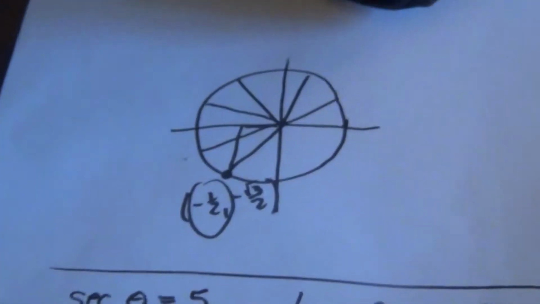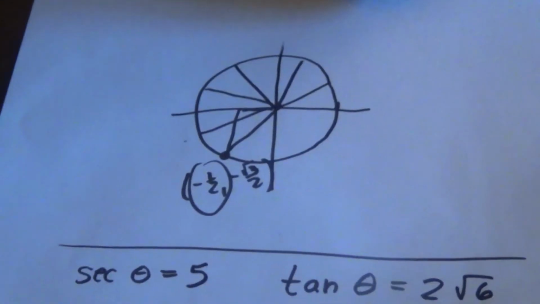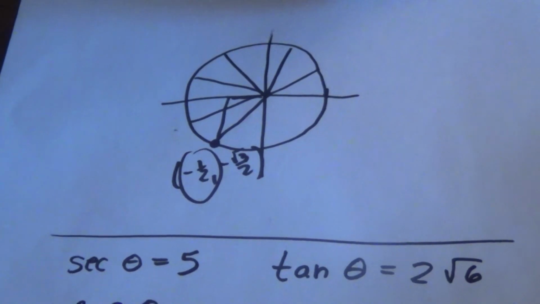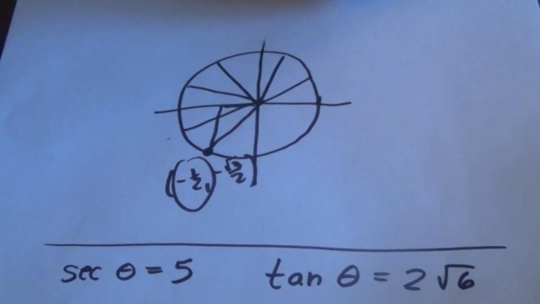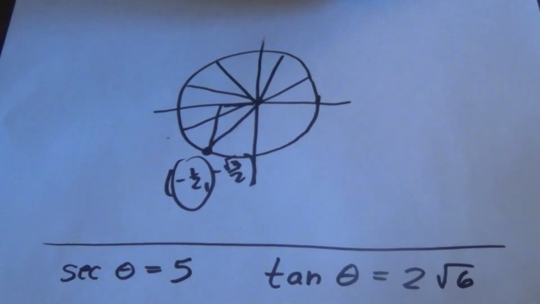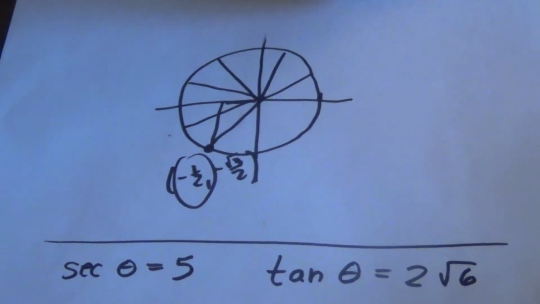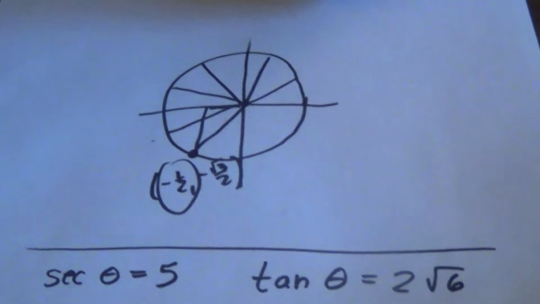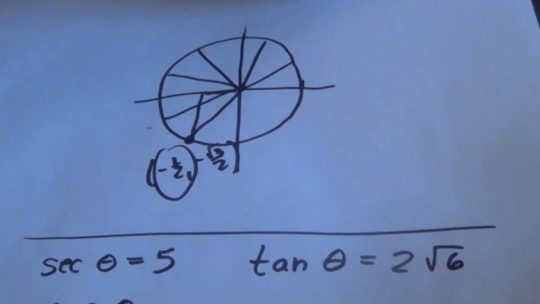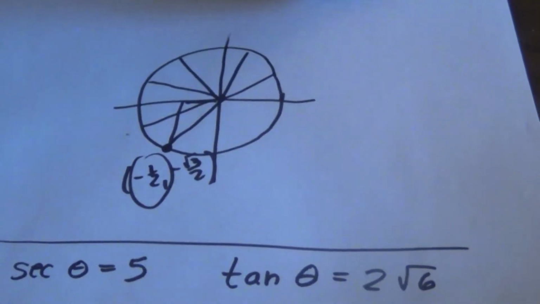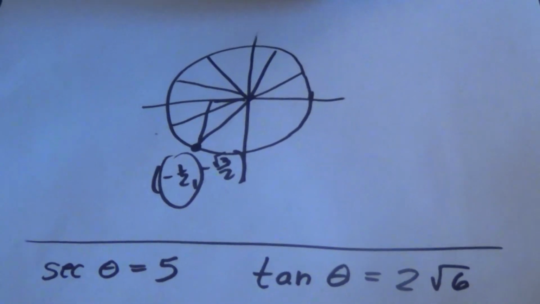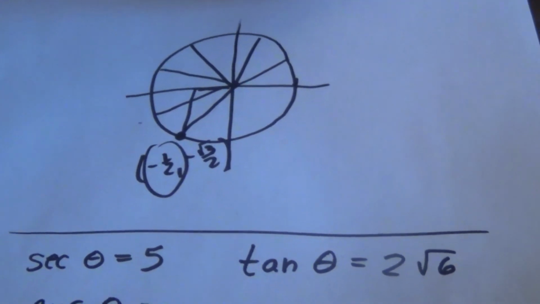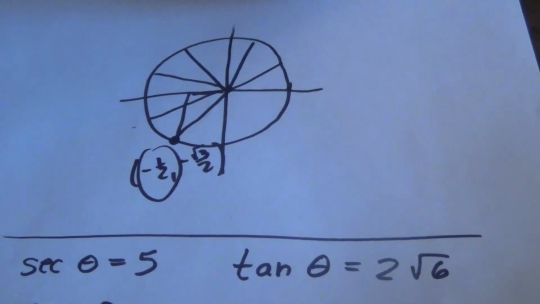Let's say that it's given to us that the secant of an angle is 5 and the tangent is 2 square roots of 6. I need to use the trig IDs, which are on the board or on your list in your comp book. So on this test, they will be on the board, so you don't have to memorize them, although all of those won't stay up there forever.